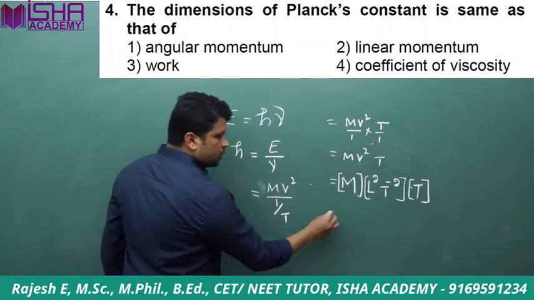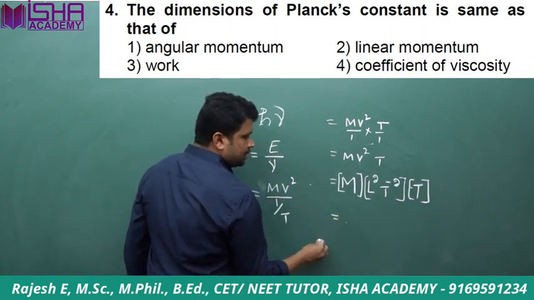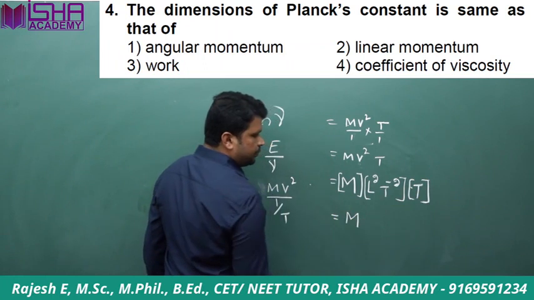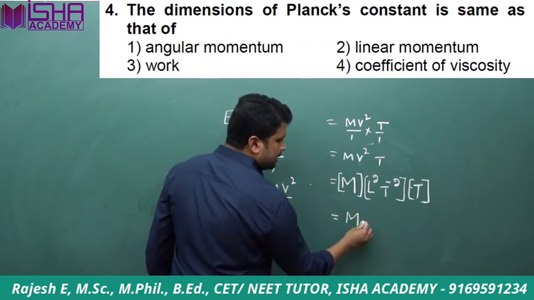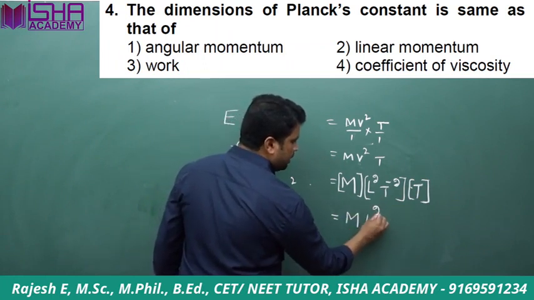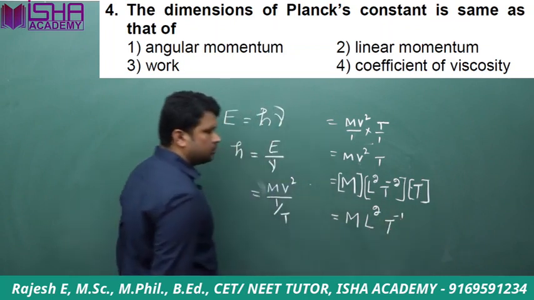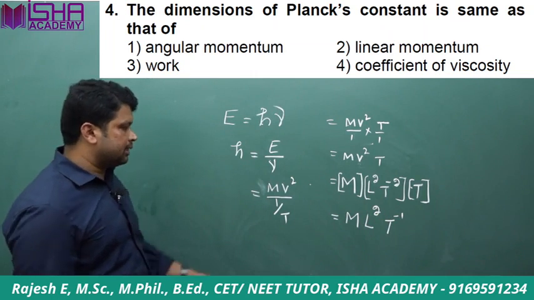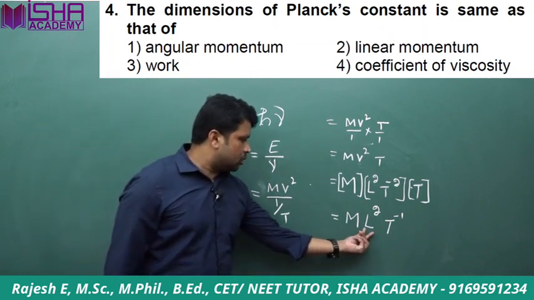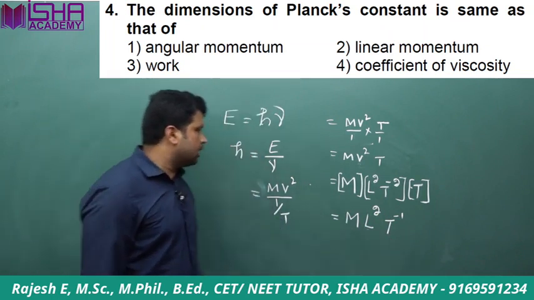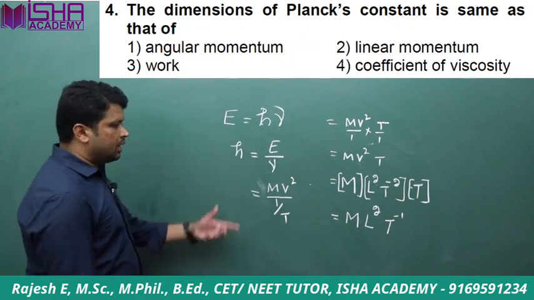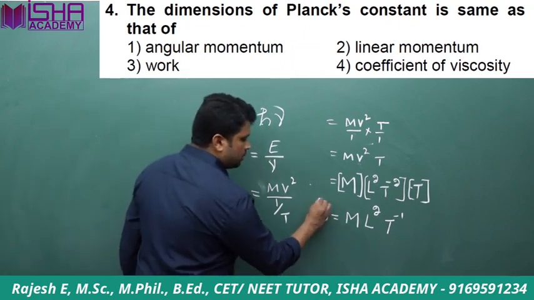So this is equal to M L square T to the power minus 1. This is the dimension of h.